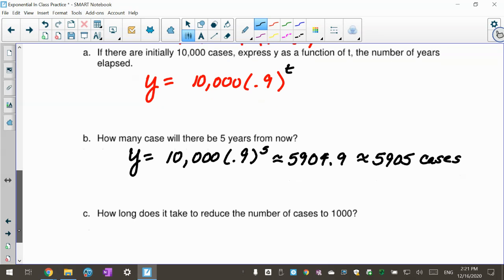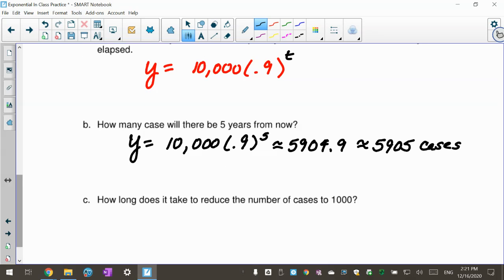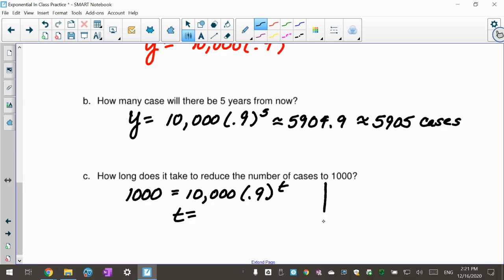All right. Then it says, how long does it take to reduce the number of cases to 1,000? So again, we're going to put the 1,000 over here, equals 10,000 times 0.9 to the t. Solve for t, and do your little sketch over here. This is time in years, this is cases in thousands.